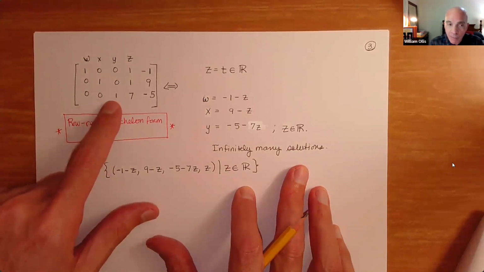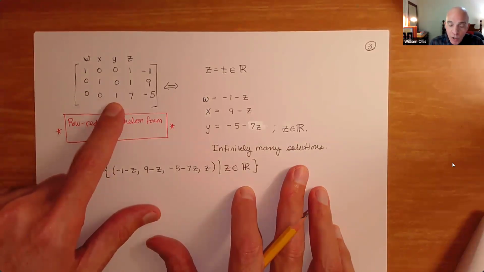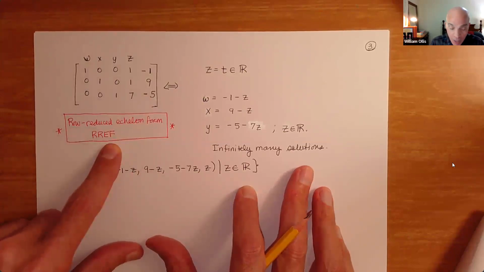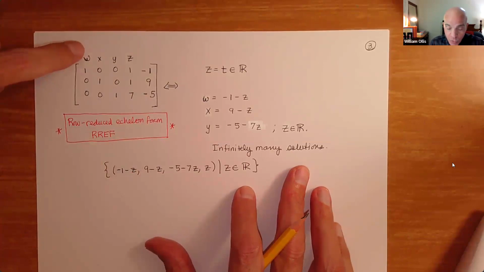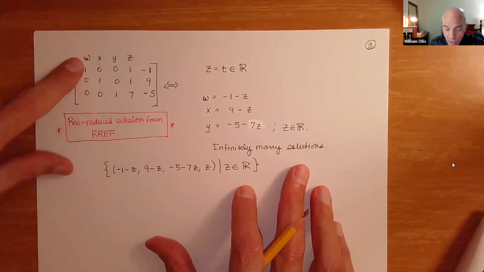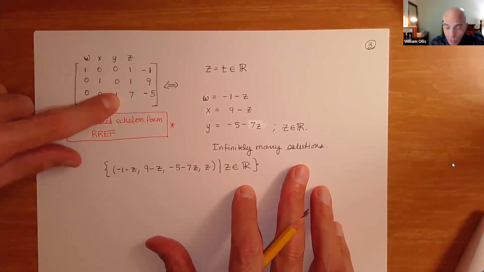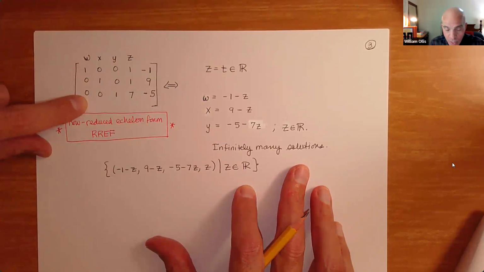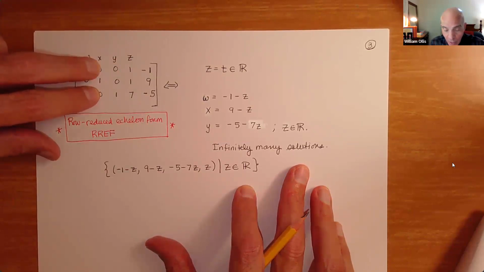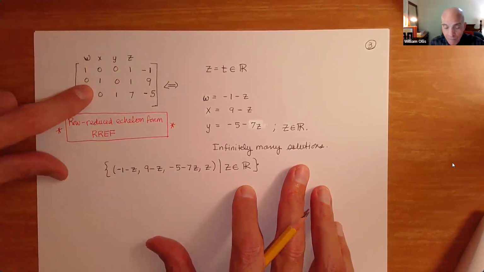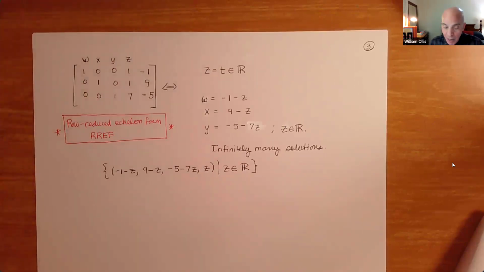Now, here's a problem from your lecture notes where you basically have the row reduced echelon form.